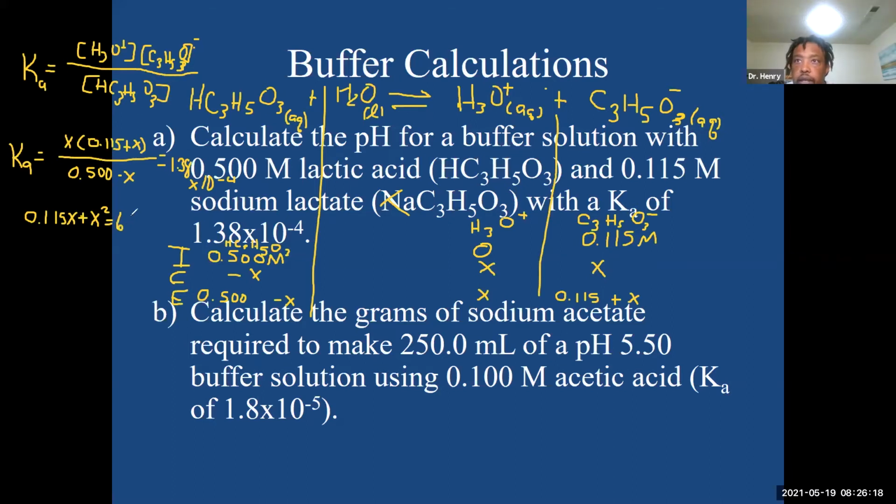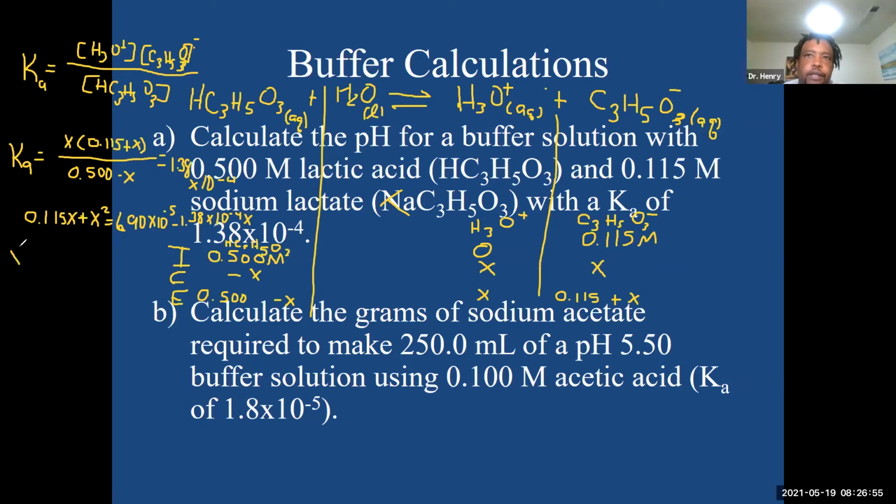Minus 6.90 times 10 to the minus 5, minus 1.38 times 10 to the minus 4 x. Okay, so we want to bring all of these over to the other side.